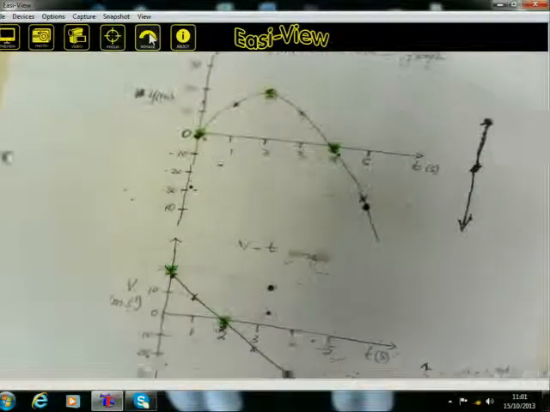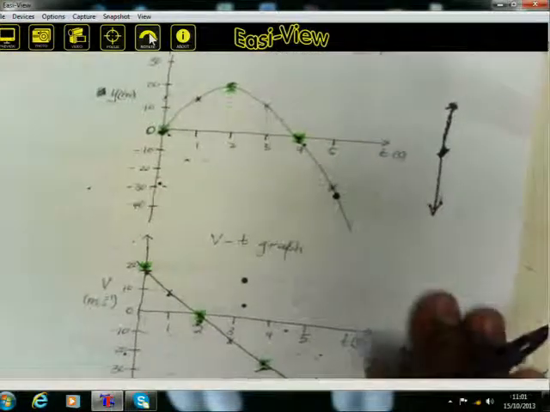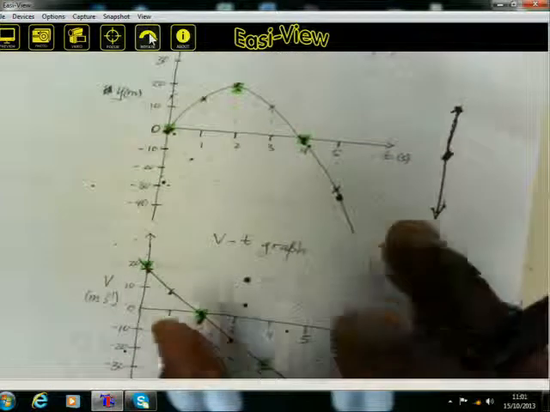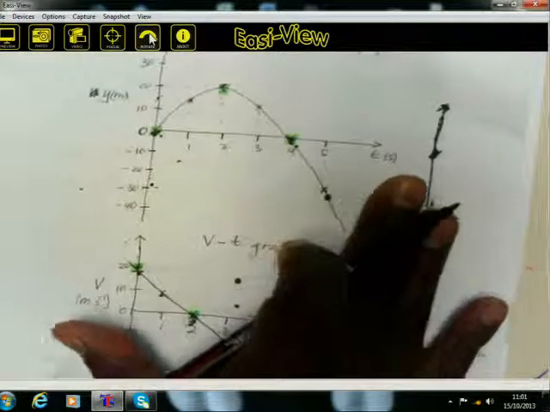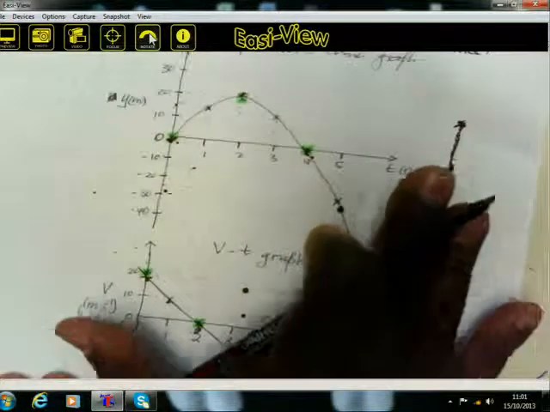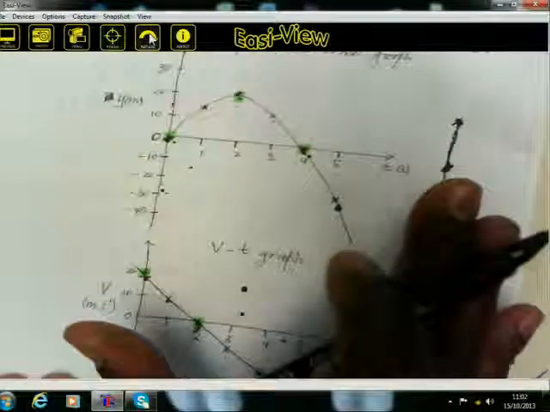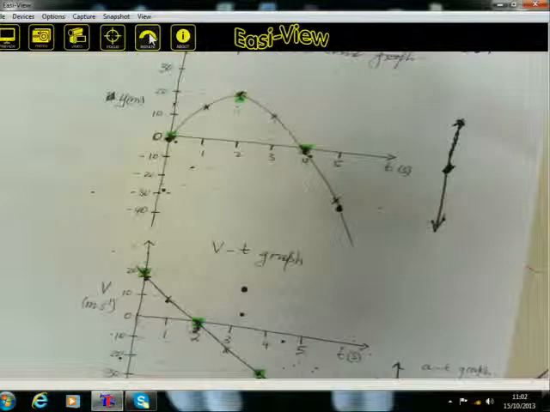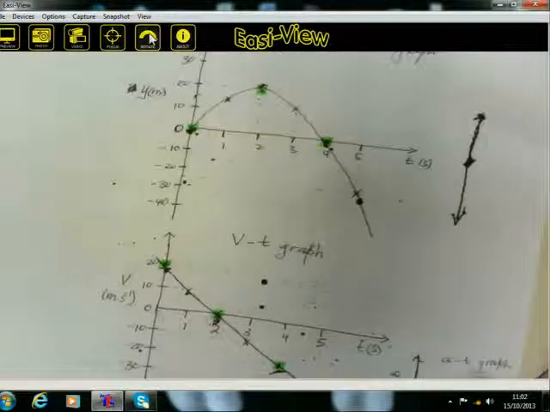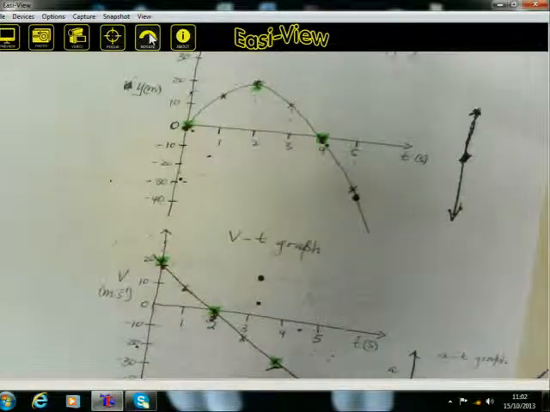At this point, I will pause to say, when we substitute the acceleration due to gravity in our questions, we will always use 9.8, because that is the acceleration due to gravity of an object.